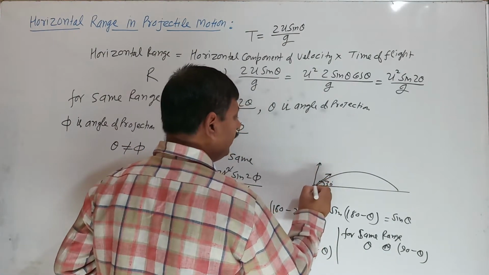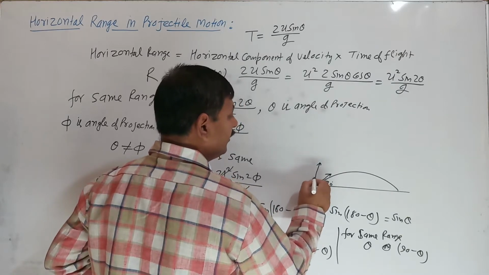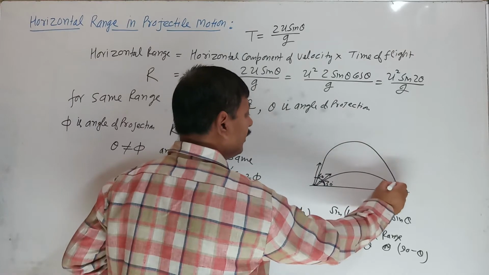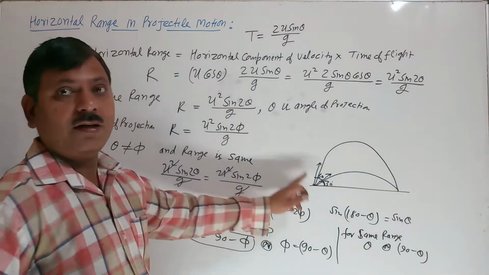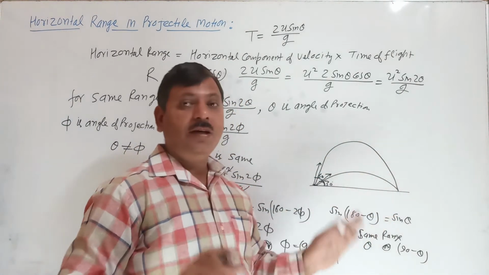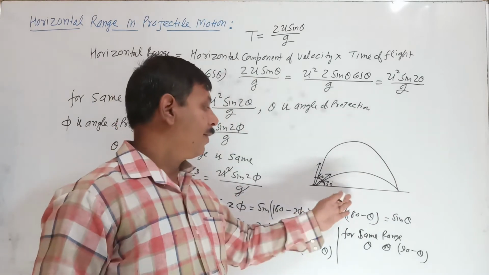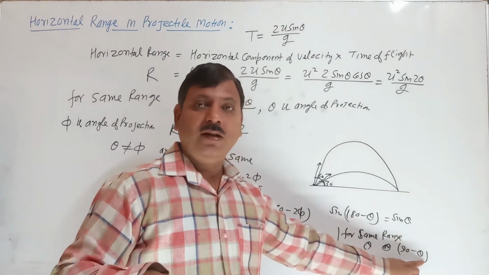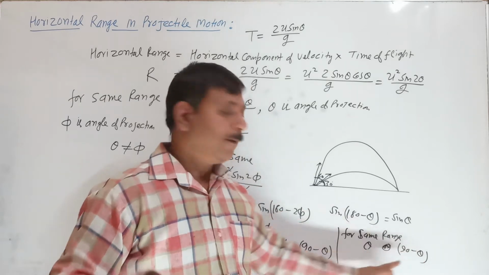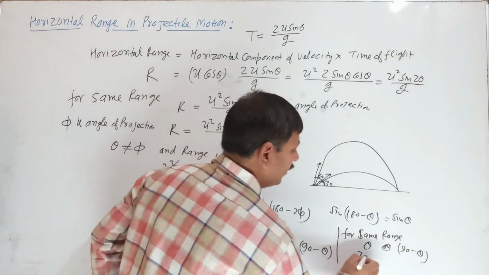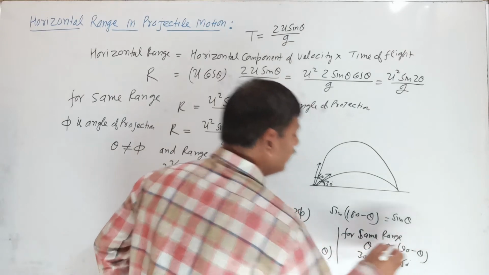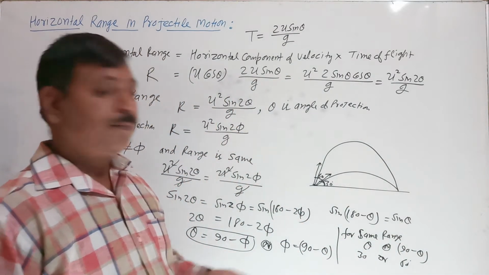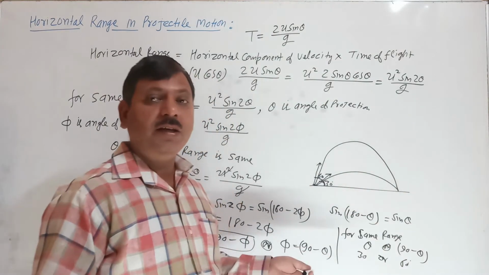What we have seen, 30 degree and 60 degree, both range will be same. 30, 90 minus 60, sorry, 90 minus 30, 60. So 30 or 60, if you are taking 30 or 60, range will be same. If you have taken 15, you have taken 75, range will be same.